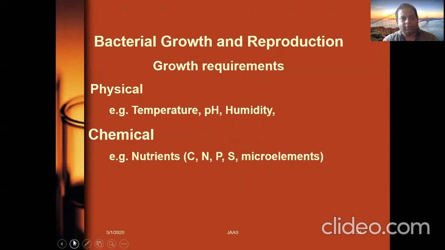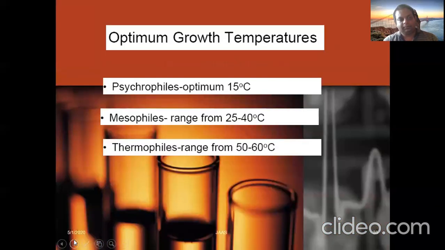Bacterial growth and reproduction, growth requirements. There are physical requirements and chemical requirements. Physical requirements we know: temperature, pH, humidity. Chemical requirements are the nutrition: carbon, nitrogen, phosphorus, sulfur, and other microelements. About the optimal growth temperature, depending on their preference, we classify them as psychrophiles, mesophiles, and thermophiles.